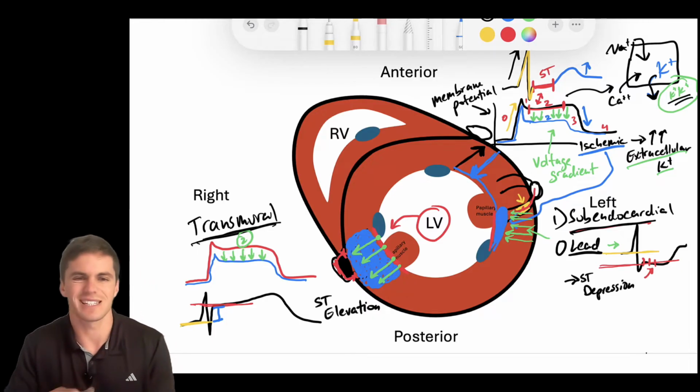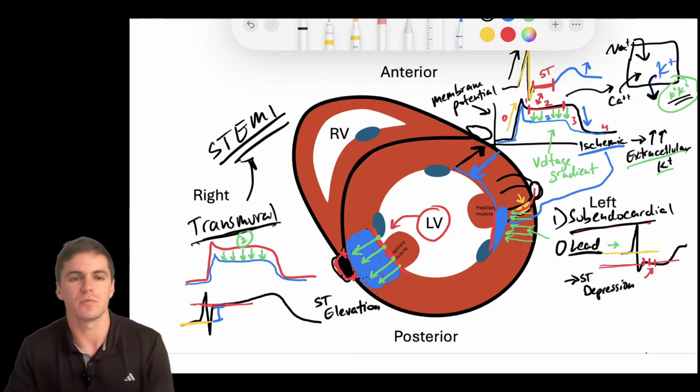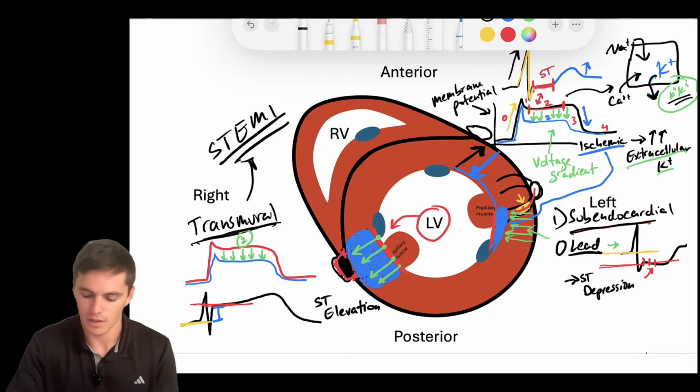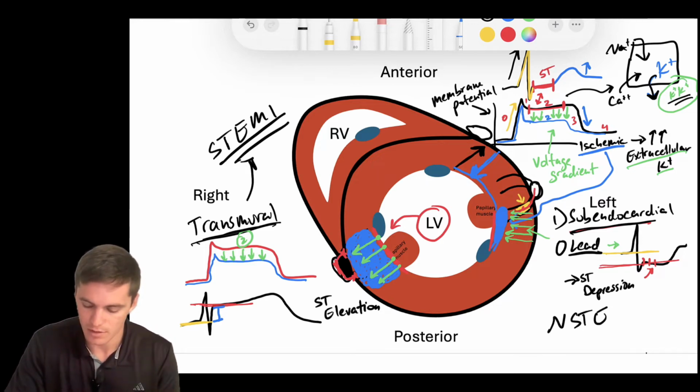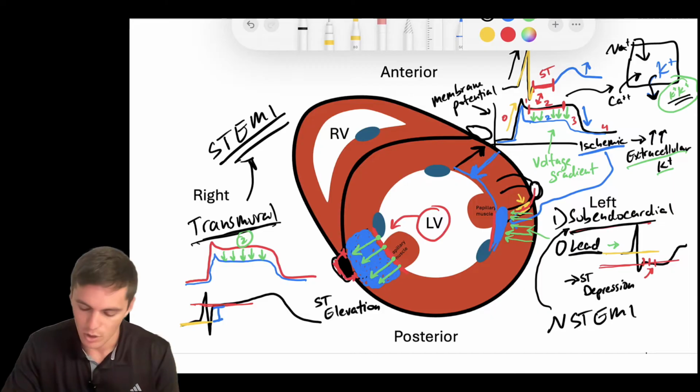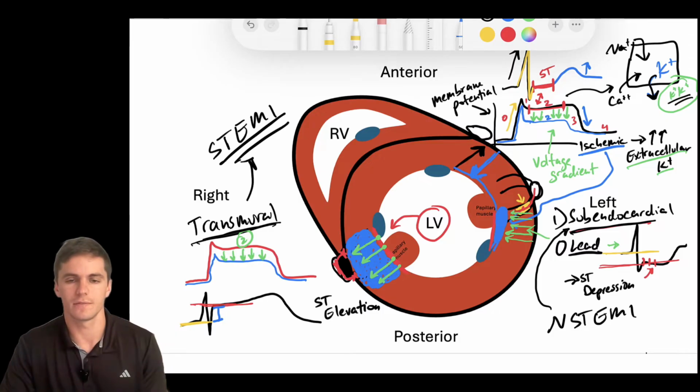So we think of STEMI, ST elevation myocardial infarction. We think STEMIs are associated with transmural ischemia, whereas we think of NSTEMIs, non-ST segment elevation myocardial infarction, are more associated with subendocardial events, right?